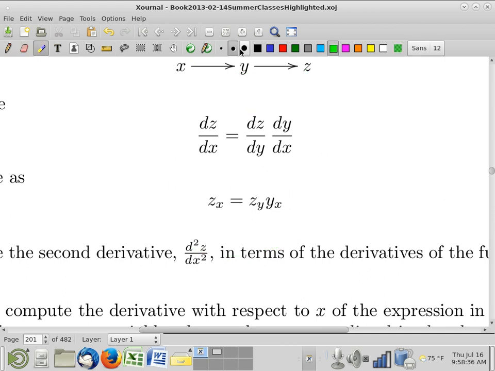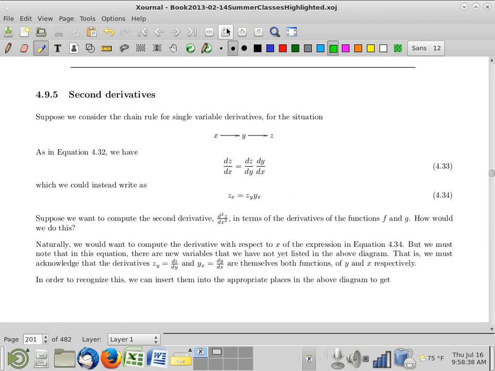Okay, so suppose that I want to compute the second derivative of z with respect to x. So I'm going to take an x derivative of the existing x derivative. And the problem is it's unclear what that means and how I would do that and how I keep track of what's going on here.